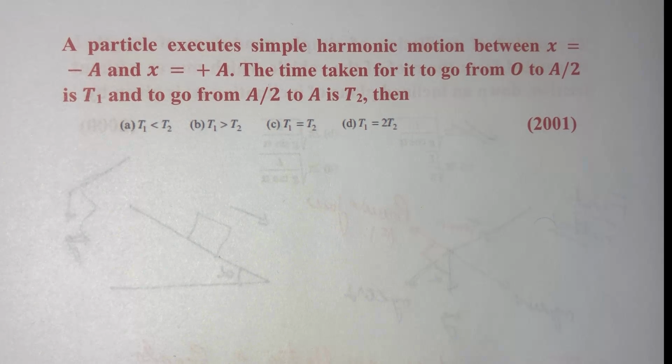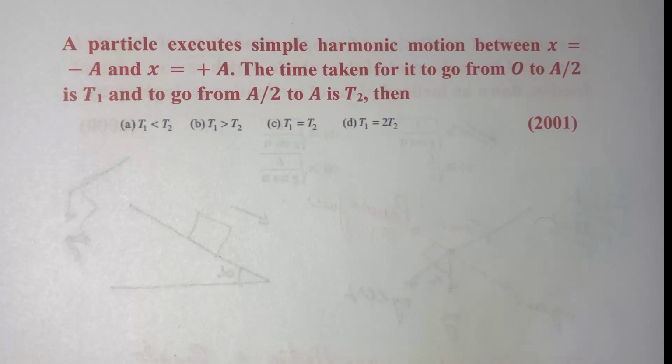But to find the exact relationship, that t1 is twice t2, or t2 is twice t1, or t1 is equal to t2, we have to use integration. The first method is understanding how the energy changes when the particle executes simple harmonic motion about its mean position.